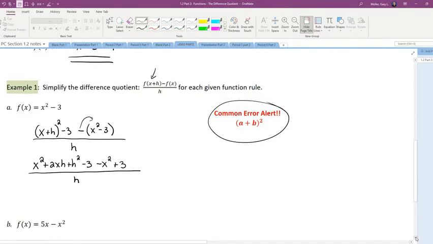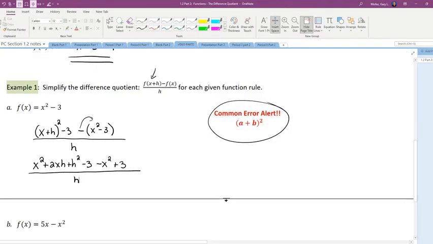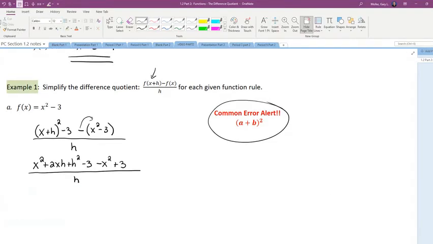Quick inspection shows me that some nice things can happen here. Those are a plus 3 and a minus 3, and a positive x squared minus an x squared, which leaves me with 2xh plus h squared all over h.